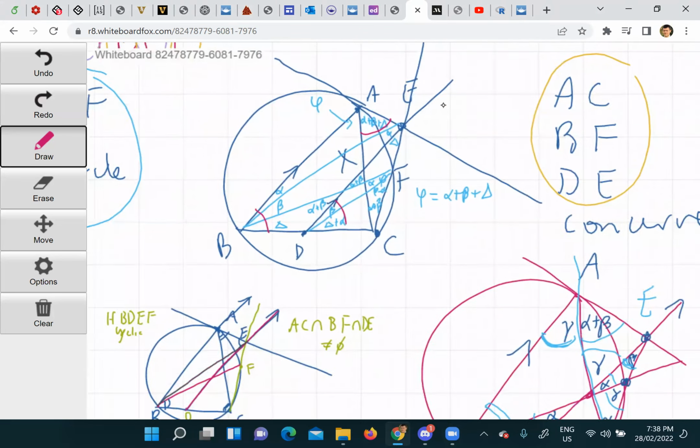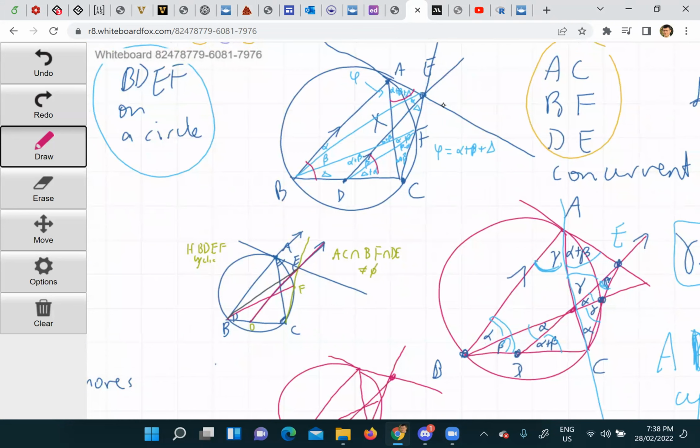Oh, so this problem is like one shot, but I think it's actually interesting that you can prove that the triangle is isosceles, and that's an angle bisector. I feel like that's actually more interesting than the actual problem. Wait, what was the actual problem in the first place? Oh, to show that AC, BF, and DE are concurrent. So this is the actual problem.